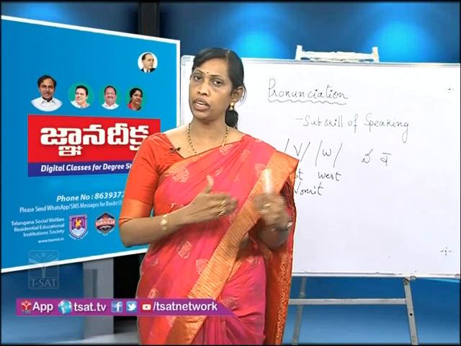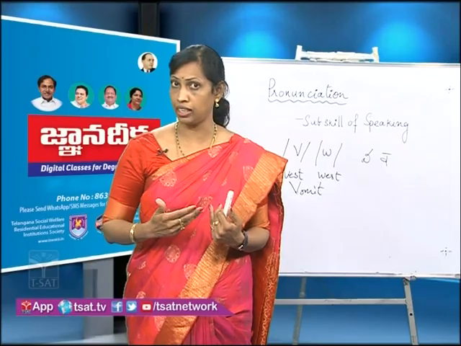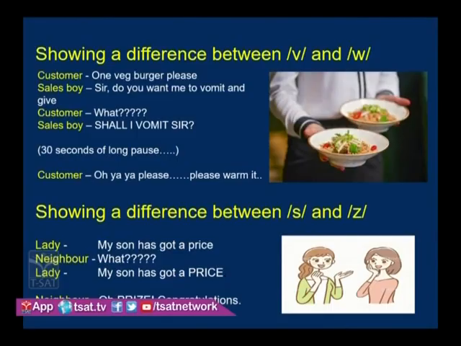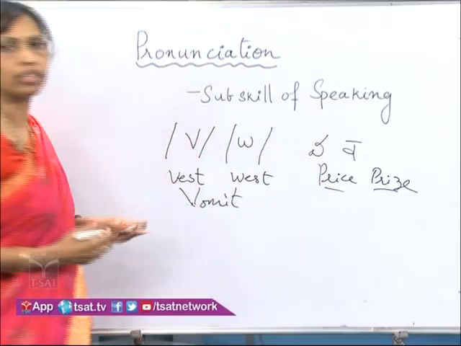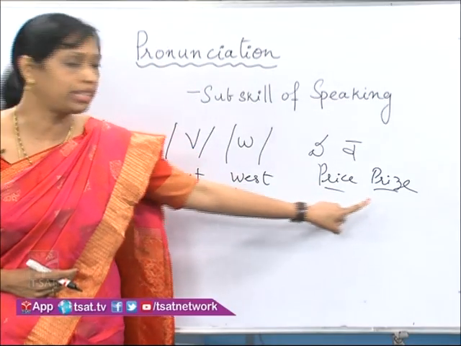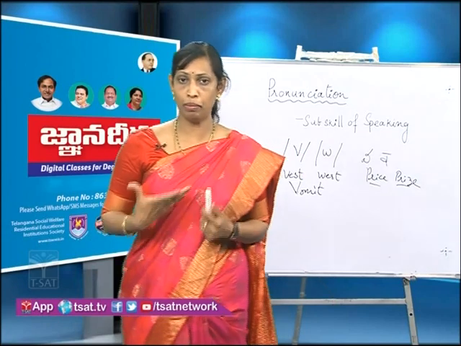She is talking to her neighbor about her son. So she is saying, see, my son has got a prize, prize instead of prize. What does that mean? Prize is bahumati. Prize is vela. Ante ma abbayiki vela undi. Ma abbayiki bahumati ochindi kaadu.